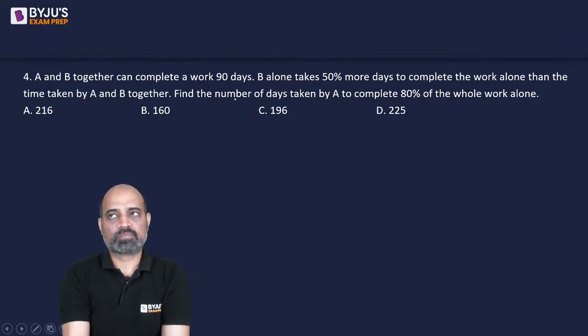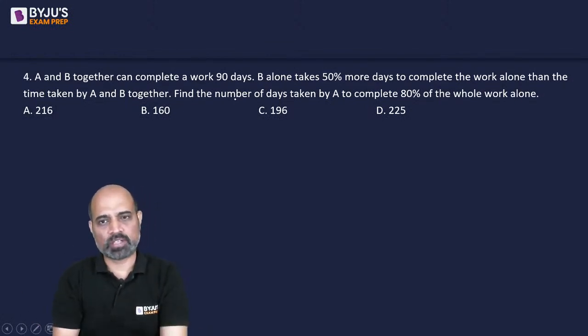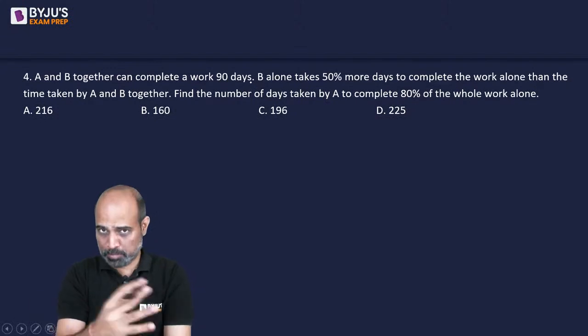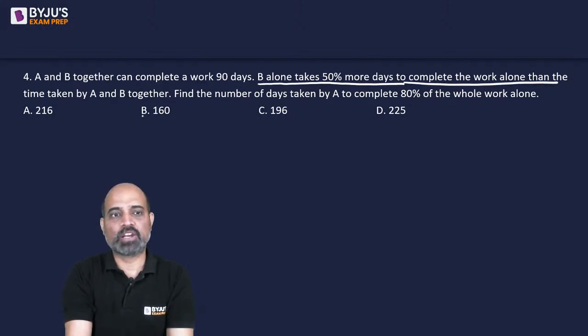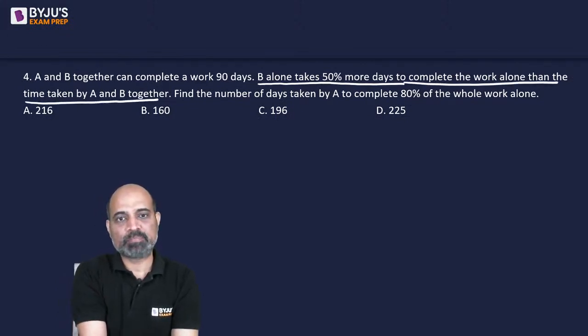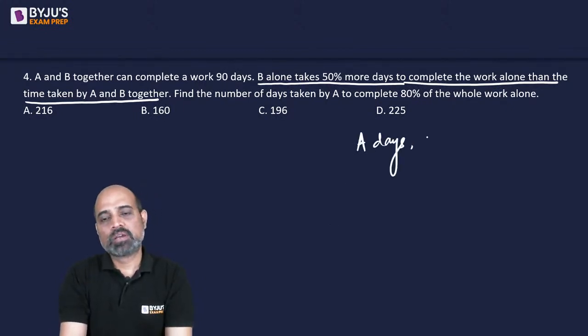so we have got efficiency and we have got duration of both. When both things are given, in other words, B takes 50% more days to complete the work alone than the time taken by A and B together. Suppose A takes A days alone, B takes B days alone.